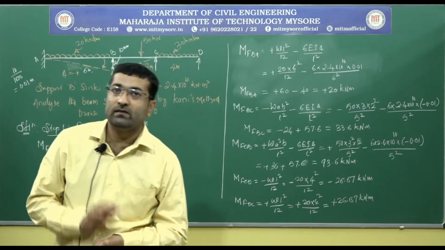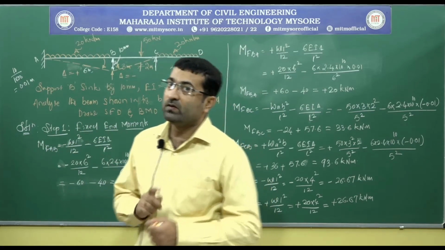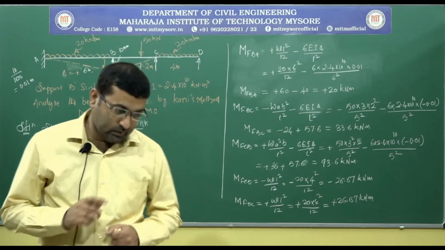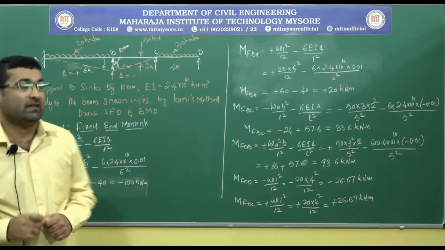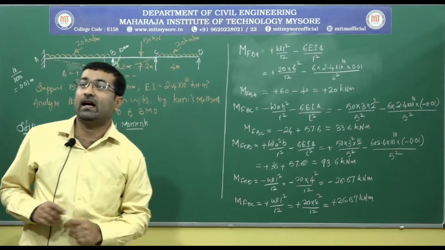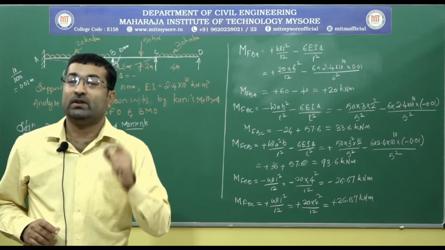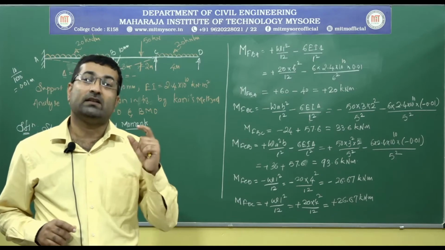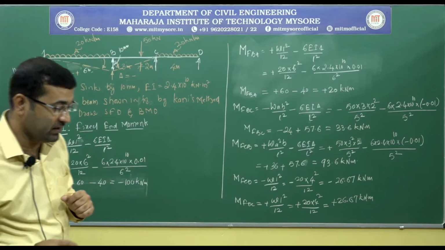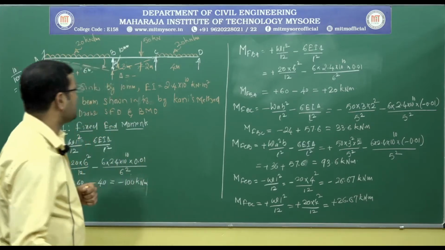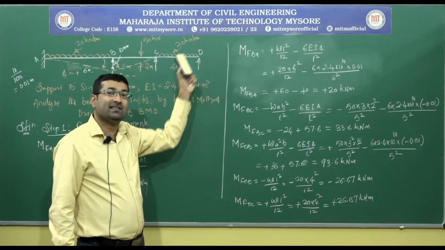So here what we have done, we have calculated the fixed end moments by considering the external loads along with the effect of sinking. But as per Kani's method, whenever we are dealing with one of the end supports as either hinge, roller or simple support, then we have to modify the fixed end moments for that particular span. So here you can see the support D is simple in nature.